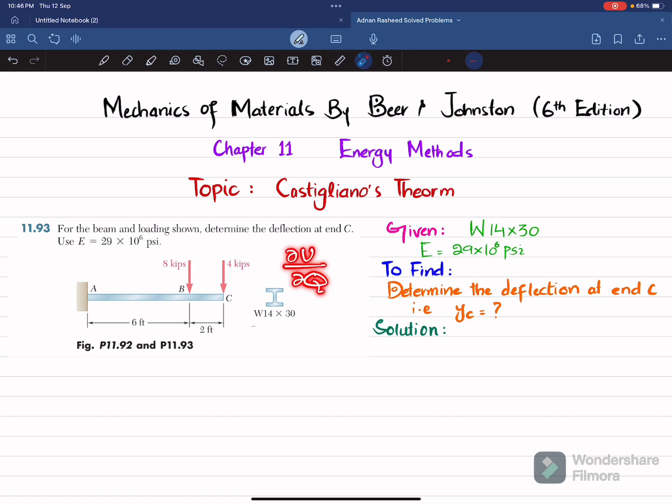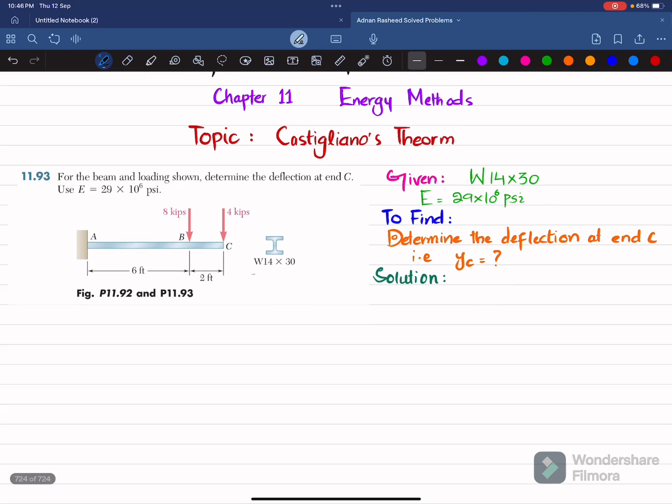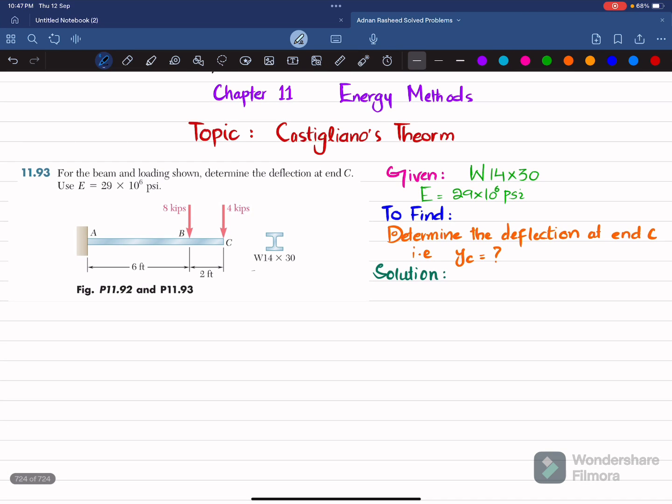For example, if that force is Q, or if that force is P, you can find it by using the partial derivative of total strain energy with respect to that force. We know that strain energy due to bending, capital U, is equal to the integral of M squared over 2EI into dx.